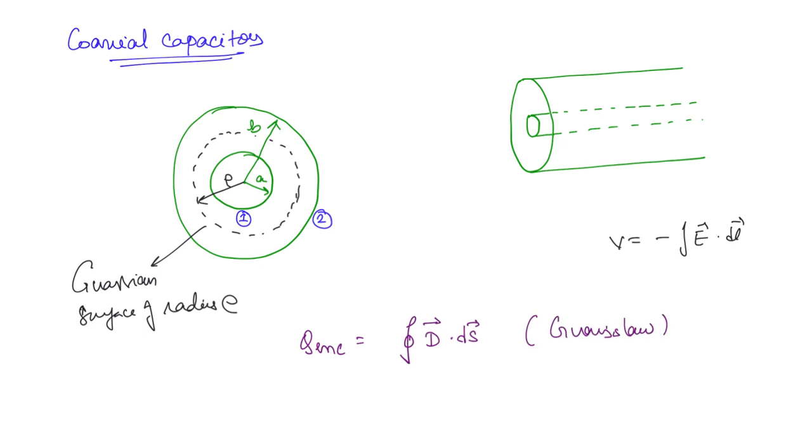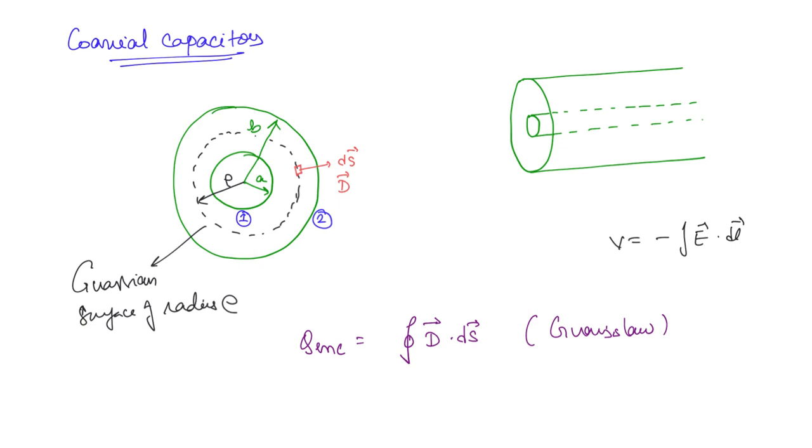Now what is the direction of D bar? D bar is going to be radially away from the conductor, right? And what is the surface area? If you take an elementary area, say this is dS, then what will be the unit vector normal to it? It is nothing but in the same direction, right? So this is dS bar as well as D bar. So they are both parallel, so instead of dot, you can replace it by multiplication.